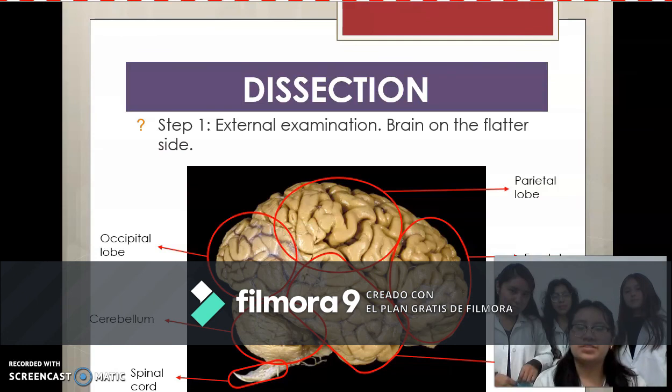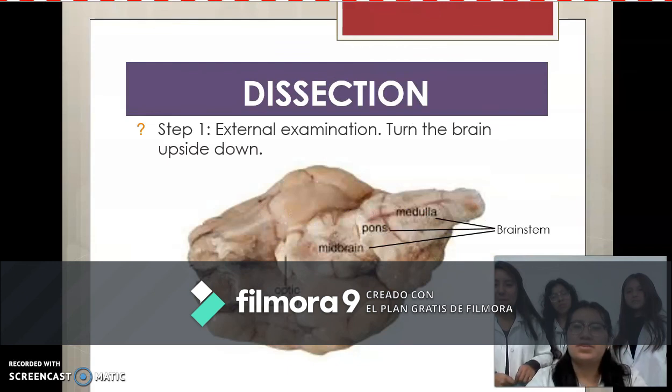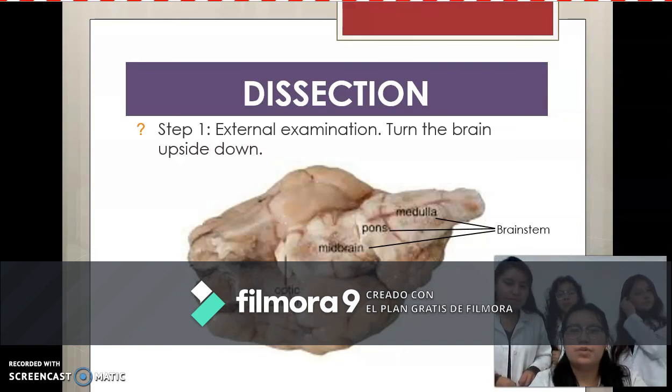So now we're going to start with the dissection. First, we're going to do an external examination with the flatter side of the brain, and we're going to examine the lobes and the cerebellum. Then we're going to turn the brain upside down and locate the three parts of the brainstem and also the optic chiasm and the olfactory bulb.